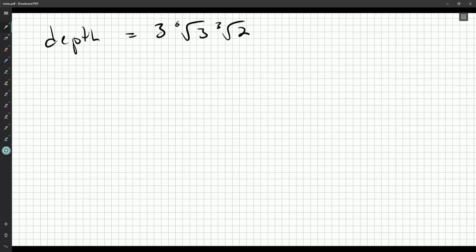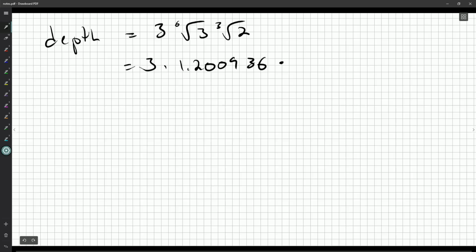Okay, and so, well, don't have to do anything with the 3, but we'll just grab our calculator here. And the 6th root, oh, it's a different calculator. I have to enter the numbers differently. So 6th root of 3 is 1.200936. That should be fine.